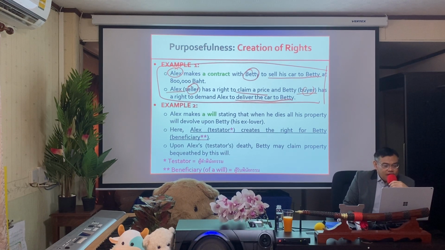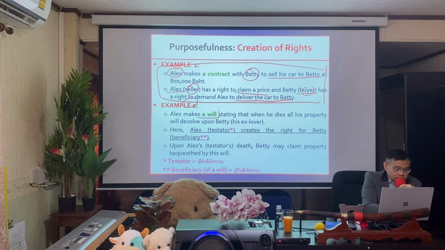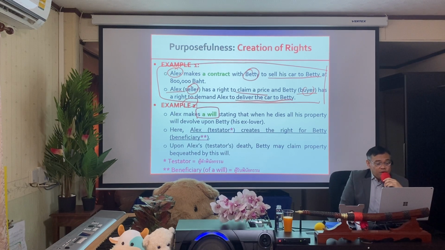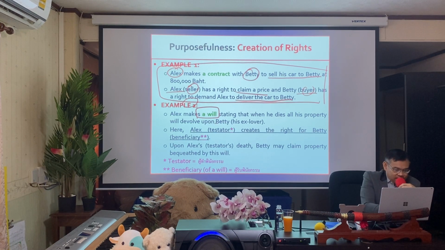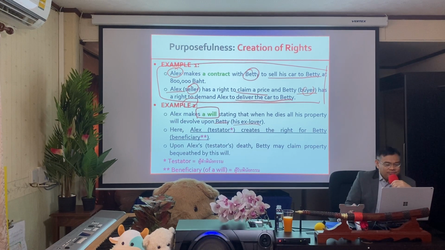Now look at example number 2. Let's suppose that Alex makes a will, saying in the will that when he dies, he wants all his property to go to Betty, who is Alex's ex-lover.